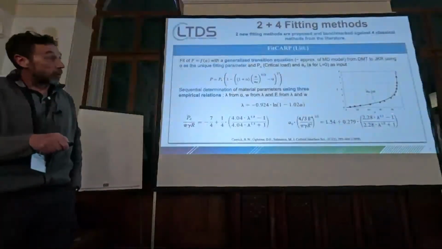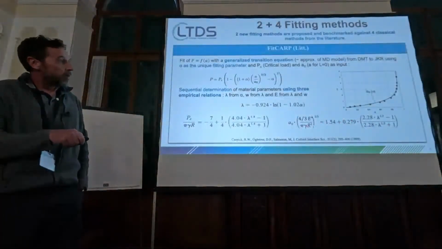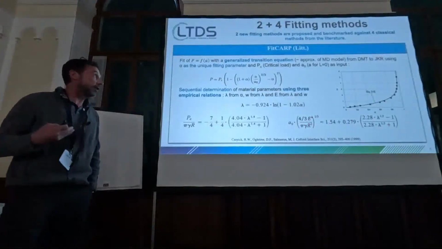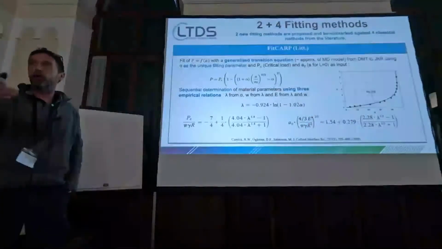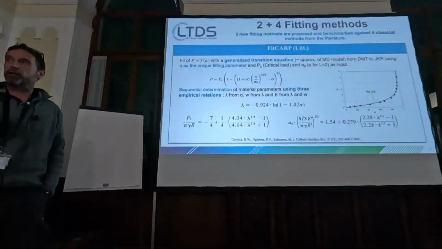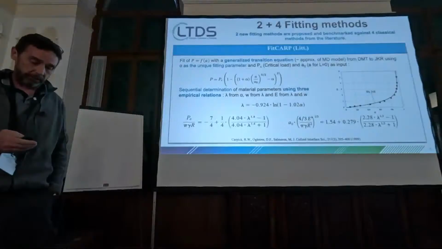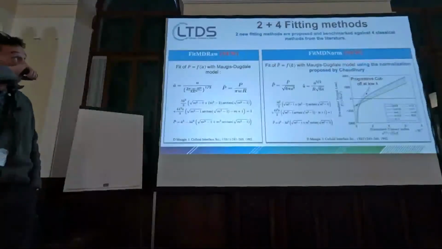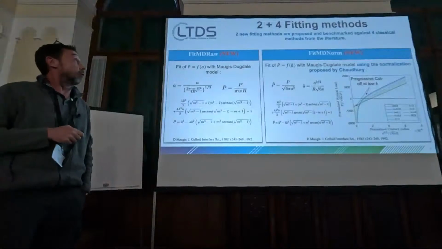And then from lambda and gamma, you can compute the Young modulus. So the calculation of all the parameters is sequential. And if you have some error on the first one, you can imagine that you will propagate the error all along the method. So the two new fitting methods we propose are also quite simple.